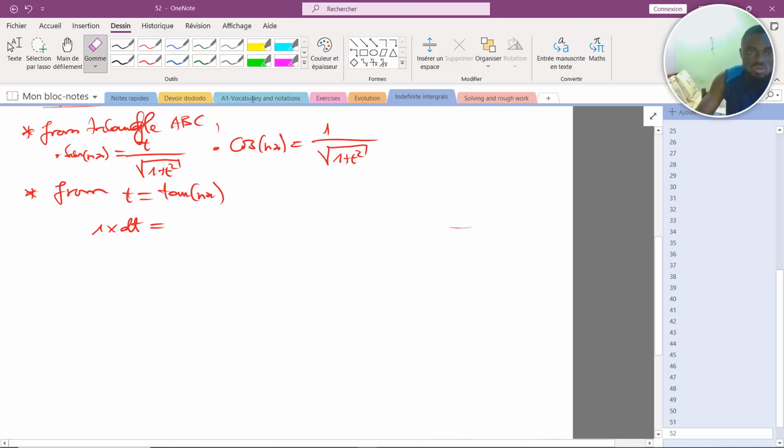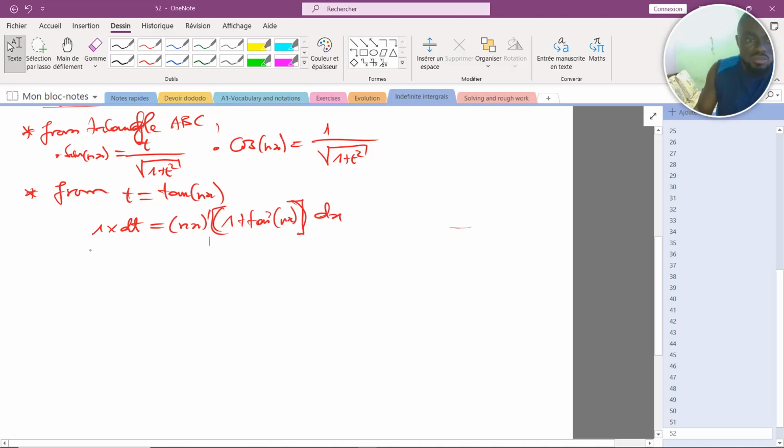So the derivative of this will give (nx)' times the derivative of tan without affecting nx, which is 1 plus tan squared nx. Since I was differentiating with respect to x, I multiply all of this by dx.